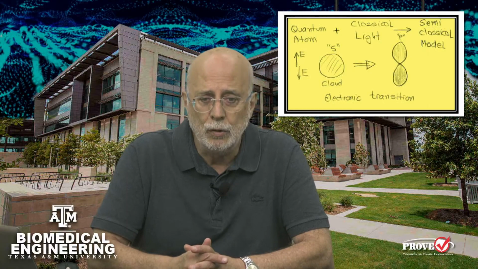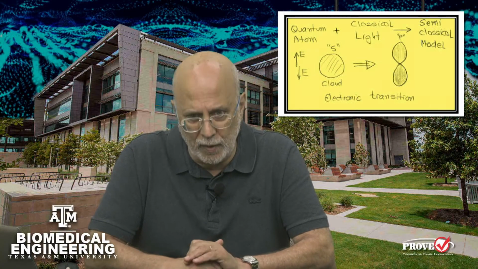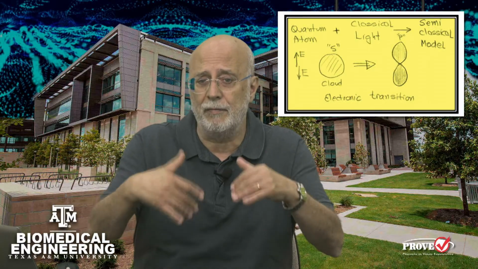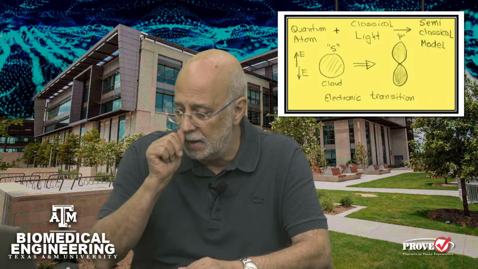This is what we call superposition of orbitals during the interaction with light, and it's the base of many, many, many things, including the new quantum computers and things like this.